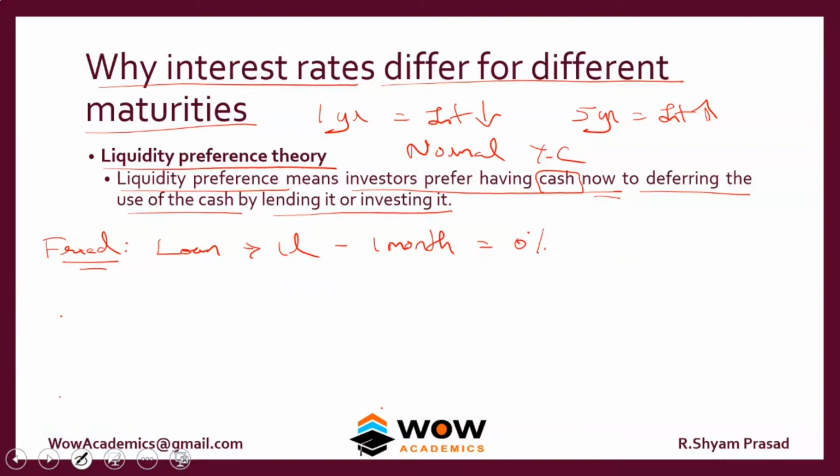Assume that the same friend, instead of asking for a 1 month loan, asks for a 1 lakh loan for 5 years. Will you charge the same 0% interest? The answer is no. Now you feel it is a little bit risky, and you might ask for something like 10%. Or your friend says, if you feel it is risky, I'll give some gold jewels at my home to you, and you give me the loan.